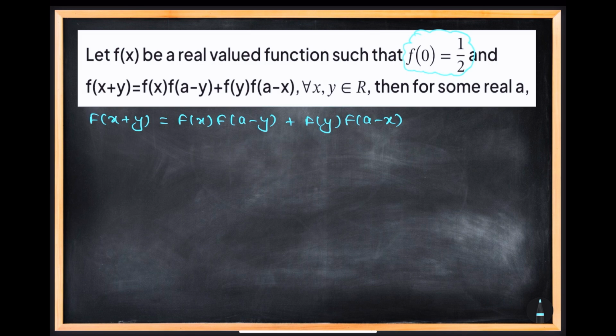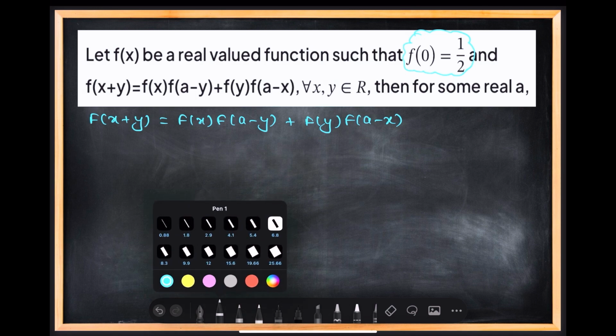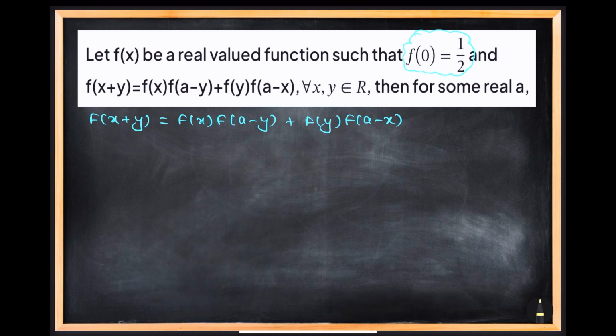So the point is you have to find out who is f of x, and then in the options they have given you some situations about that function and you have to comment on that. Okay, so look at this, how we will crack these kinds of situations. You know that you have to handle this f of 0.